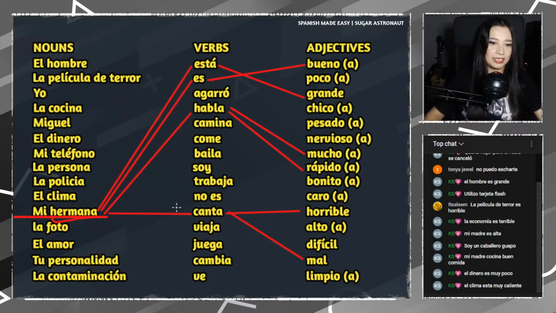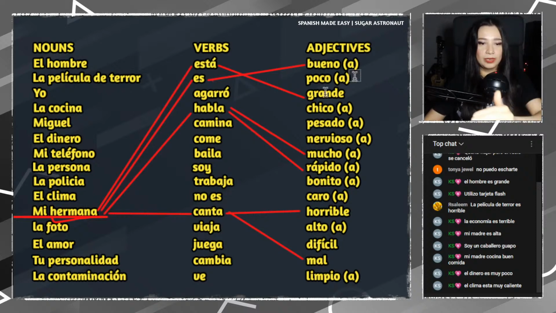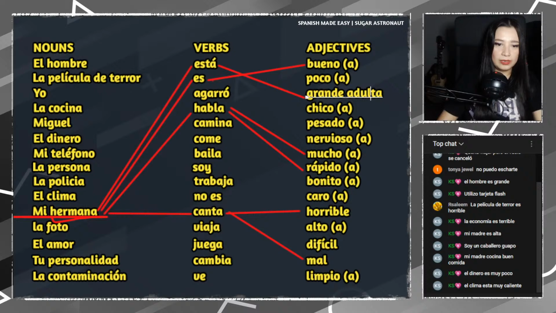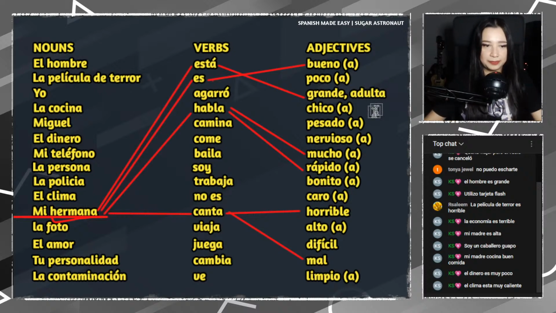I know that technically you can say adulta, but then you say es: mi hermana es adulta. Adulta is like saying adult. That's the literal translation. Okay? Mi hermana es adulta in that situation.